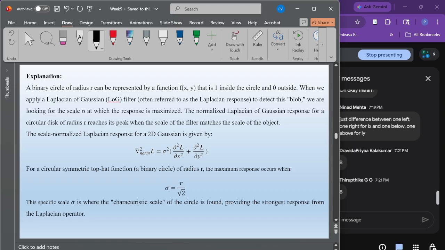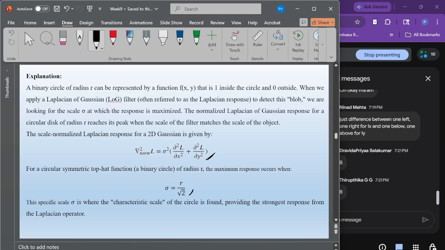The scale normalized Laplacian response in the 2D Gaussian is represented by this expression. For a circularly symmetric top hat function, or a binary circle of radius r, the maximum response occurs at sigma equal to r divided by root 2. The specific scale sigma is the characteristic scale of the circle, and it provides the strongest response from the Laplacian operator.